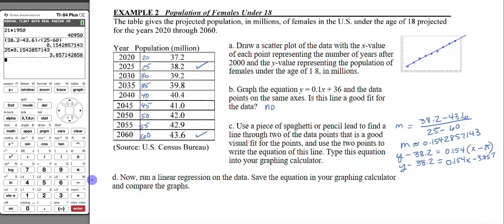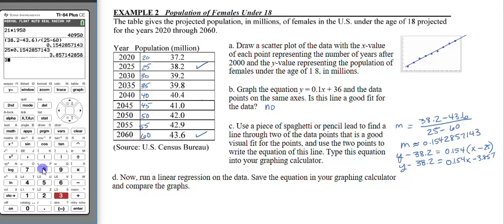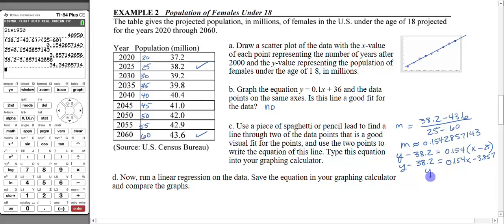Okay, so I'm going to take and add 38.2 to both sides, which means I'll have y equals 0.154x plus 34.34. All right, looks pretty good.